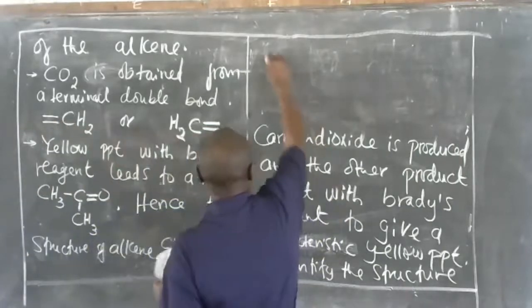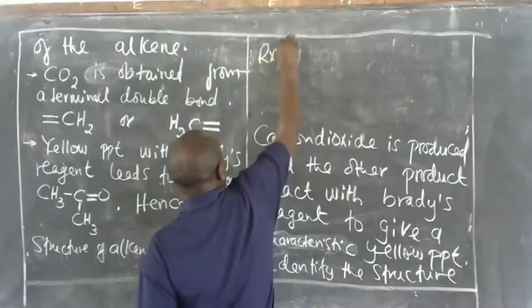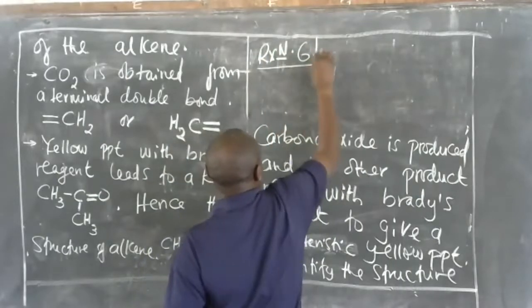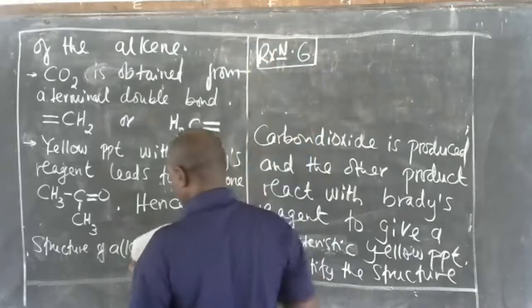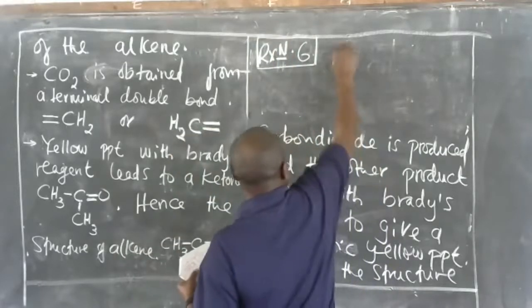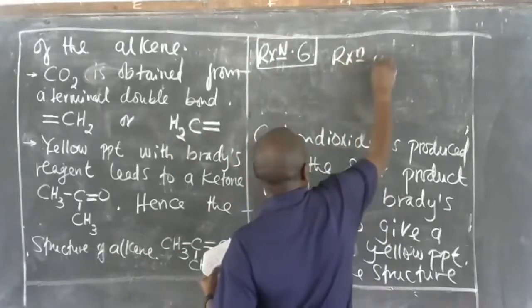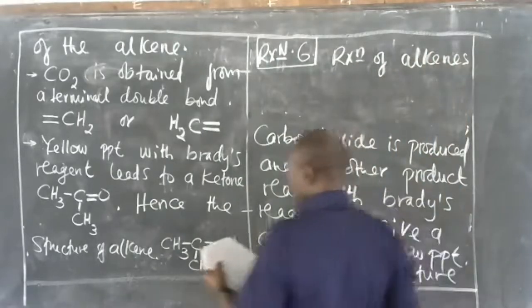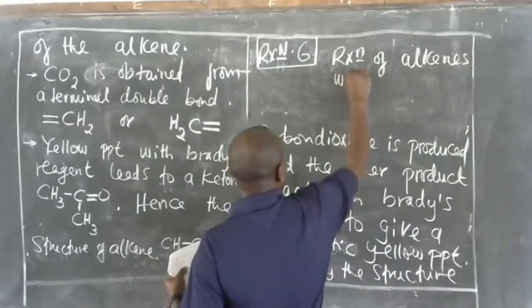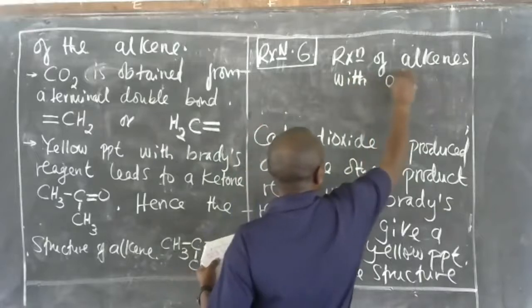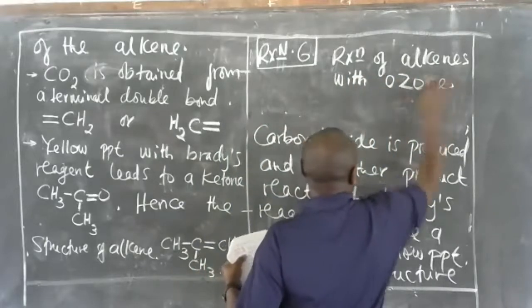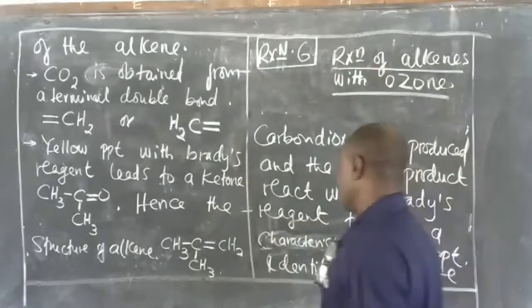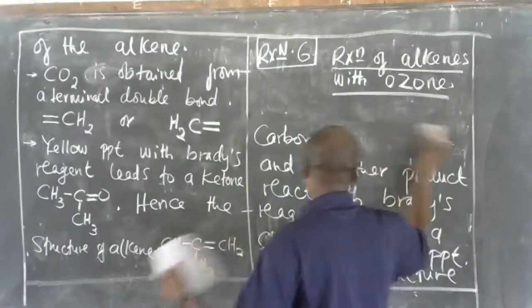Now we are going to start on reaction number 6, that is the reaction of alkenes with ozone.